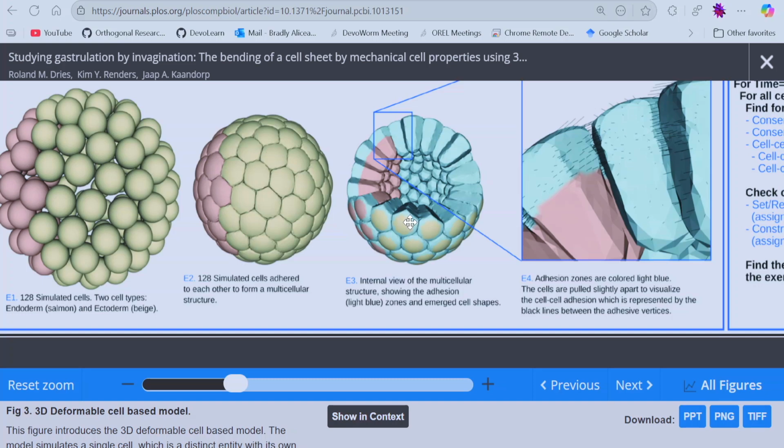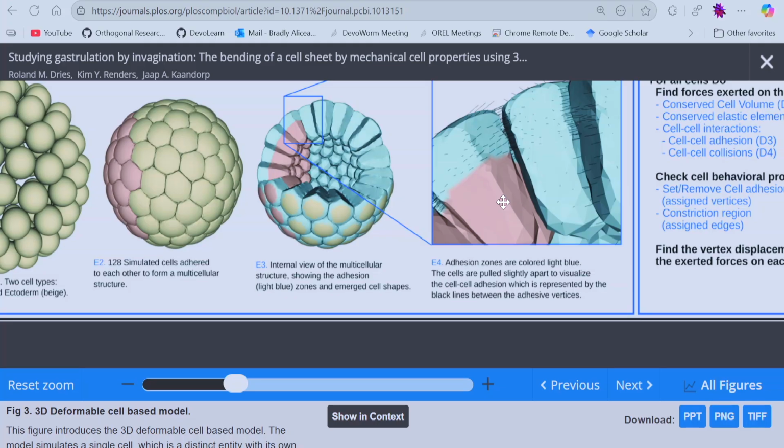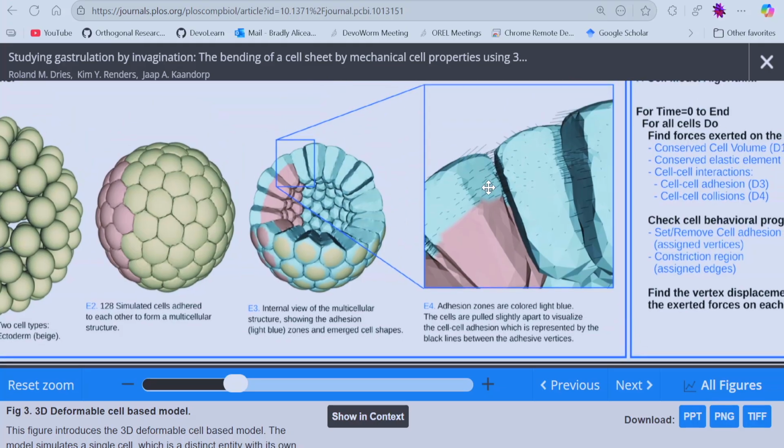And then this is the third example. This is an internal view of this structure. So if we take the second structure and look at a cross section of it, we can see adhesion zones, and these are colored in light blue. So they pull the cells together slightly apart, and they want to show the cell-cell adhesion.